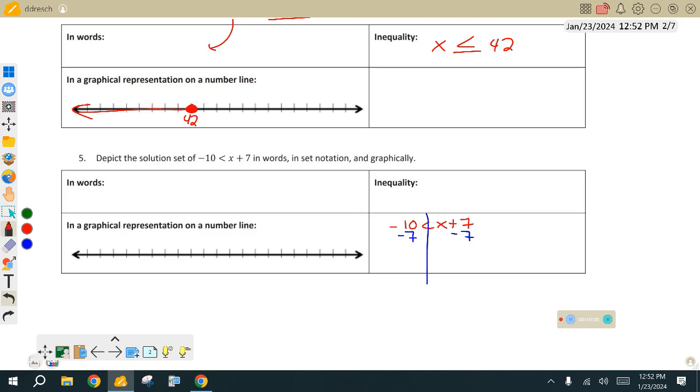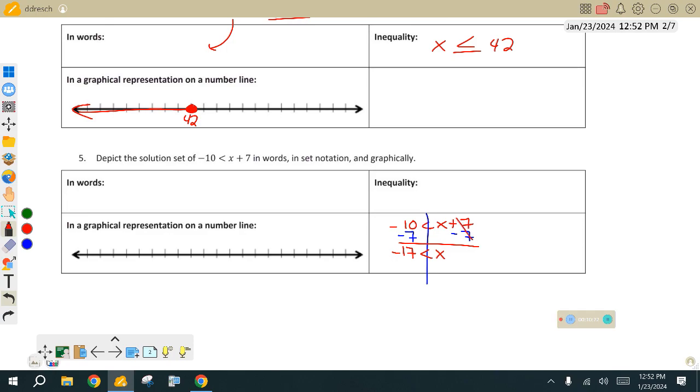I said you don't need your calculators earlier, but this is a spot where we would check it with our calculators: negative 17, and the inequality symbol just drops on down, and there is our x. Okay, x is now by itself.